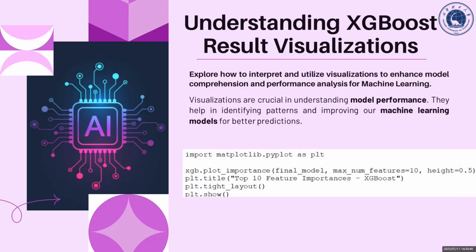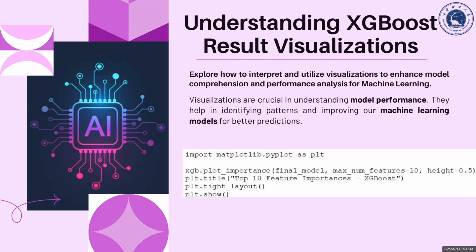Now, understanding XGBoost result visualization. So we're going to explore how to interpret and utilize visualization to enhance model comprehension and performance analysis for machine learning. Now, visualizations are crucial in understanding model performance. They help in identifying patterns and improving our machine learning models for better predictions.